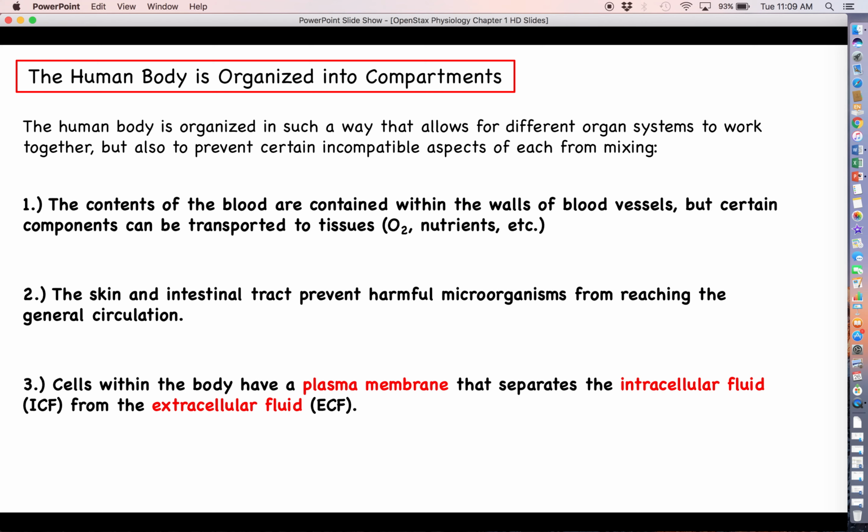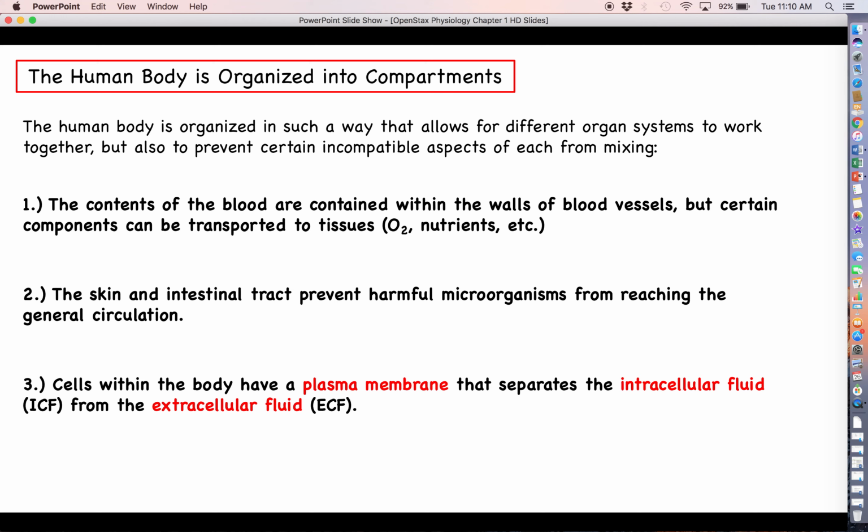We'll have a little bit more to say about that in chapter 4 when we start talking about epithelial tissue. And then the major thing that I want to hone in on here is the compartmentalization of body fluids. All the cells within your body have what is called a plasma membrane, something that hopefully you remember from your general biology class, but if not, it'll definitely be something that we talk about in chapter 3. All the cells in your body, all roughly 30 trillion of them, each have a plasma membrane that is going to divide your different bodily fluids and separate and compartmentalize them.